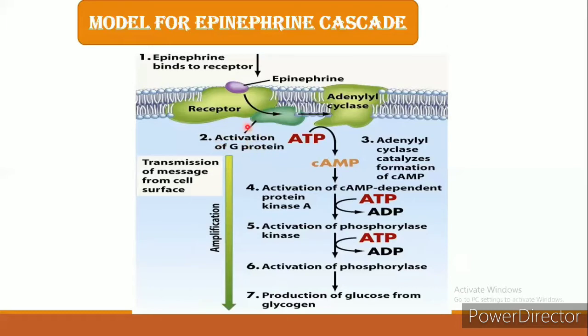Each of these G proteins goes on to activate adenylyl cyclase, and one molecule of adenylyl cyclase acts catalytically, producing many molecules of cyclic AMP from ATP.